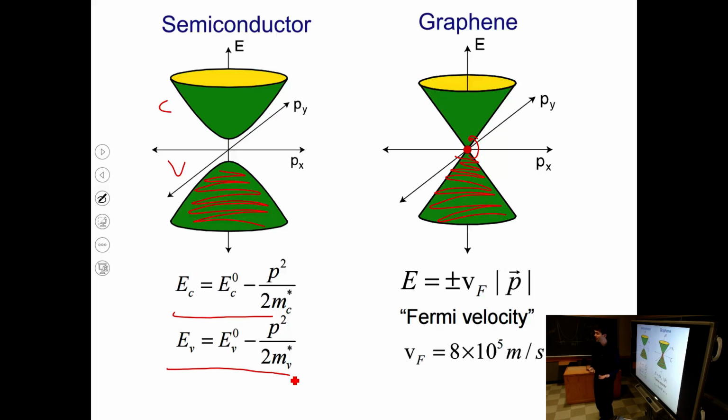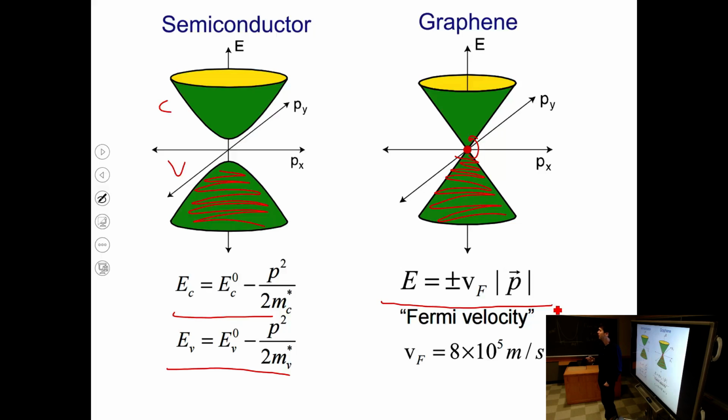I told you at every band minimum, we can expand the band structure to be a parabola around the K point, which is the band minimum. Now here is the band minimum, this red point, but it's not quadratic. It is actually linear. So this dispersion relation is linear. It's given by this formula. Energy is proportional to momentum.